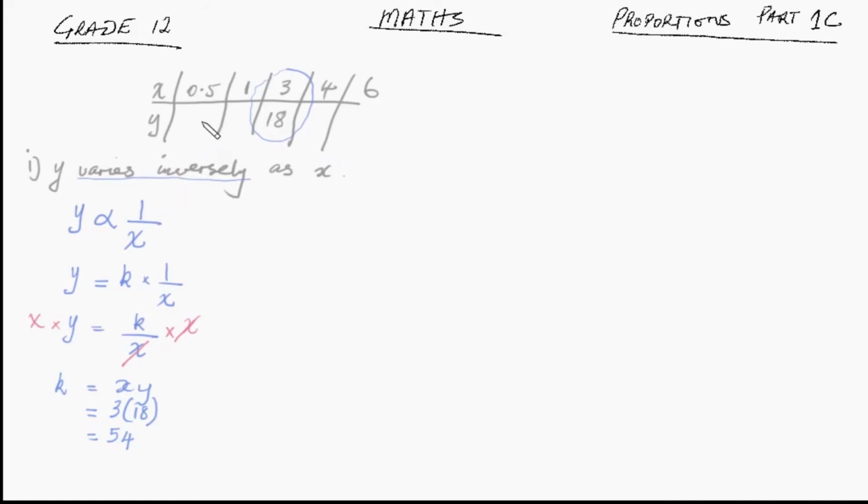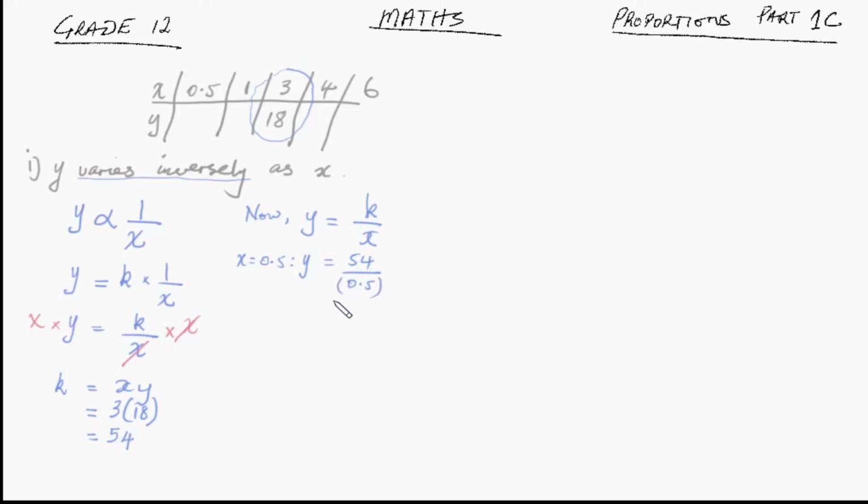You can now find y here, because y equals k over x. Therefore, when x equals 0.5, what happens? y will be equal to 54 divided by 0.5.